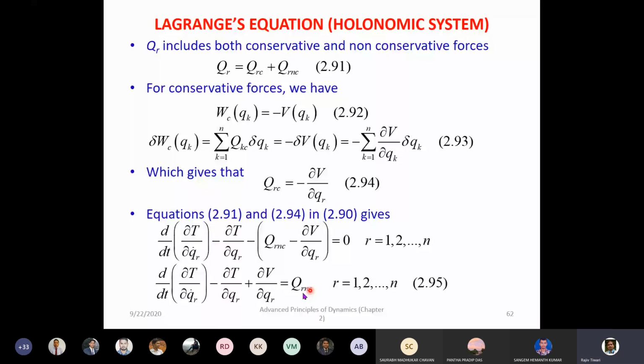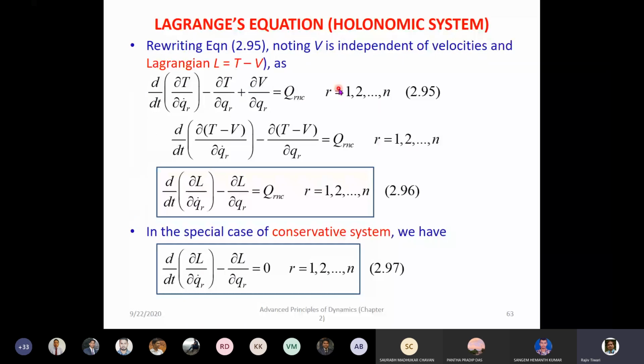Let us see some more forms of Lagrange's equation. Generally we write Lagrange's equation in terms of the Lagrangian. The Lagrangian is defined as kinetic energy minus potential energy. This is the same as the previous slide's expression, and I am rearranging it.